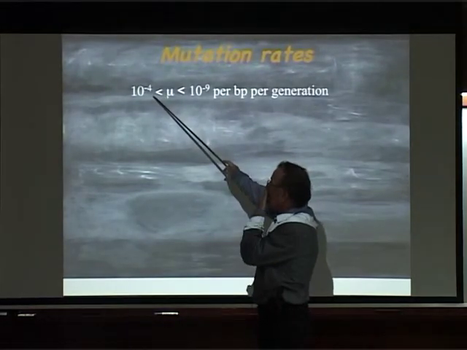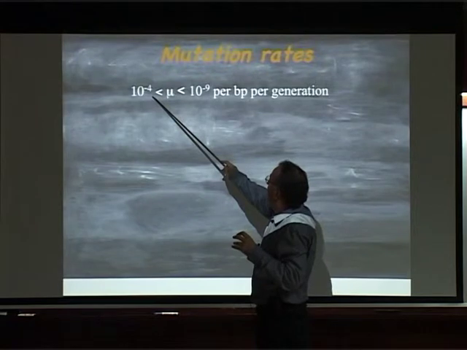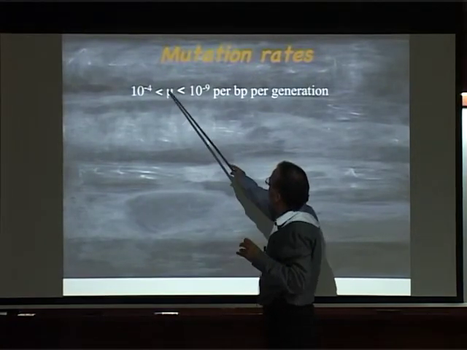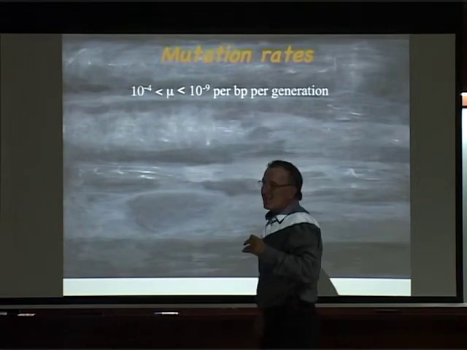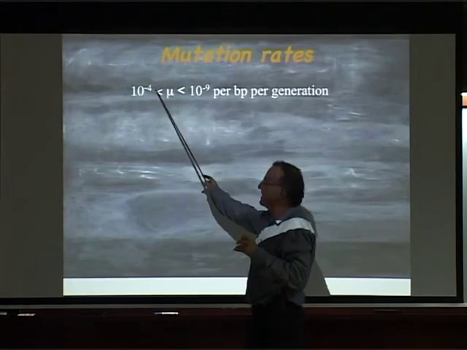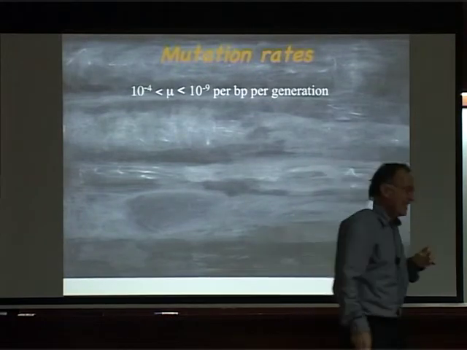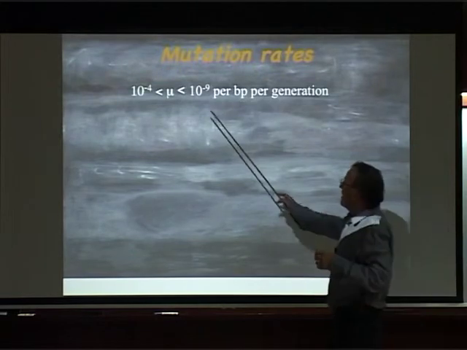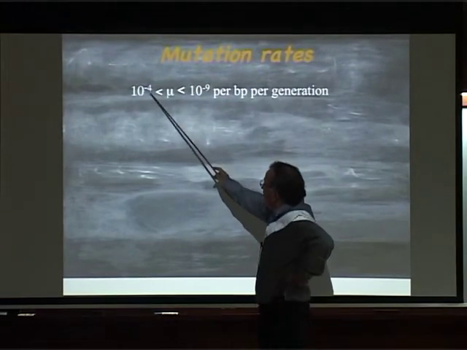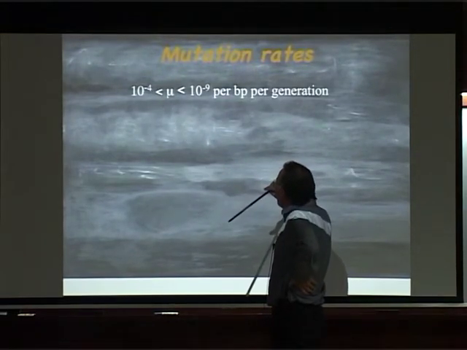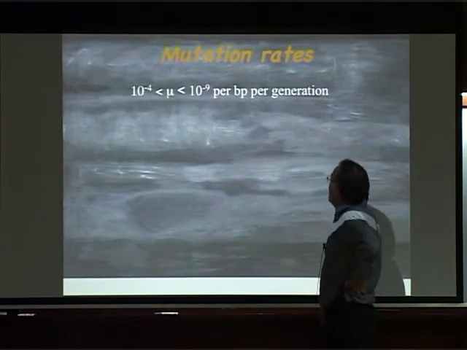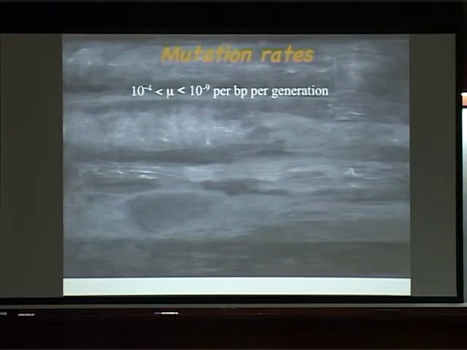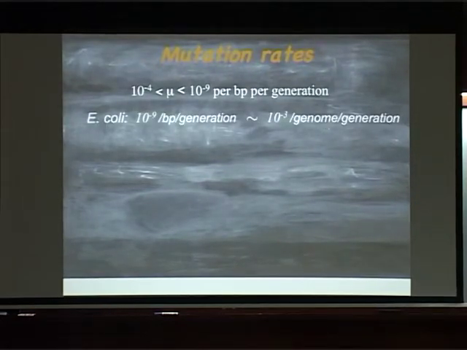So that's on the, this should be pointing in another direction. Sorry, that's on the higher. Okay, sorry about this. I was doing it this morning. Okay, that's on the upper reaches of mutation rate, which is somewhere between 10 to the minus 4 and 10 to the minus 9.